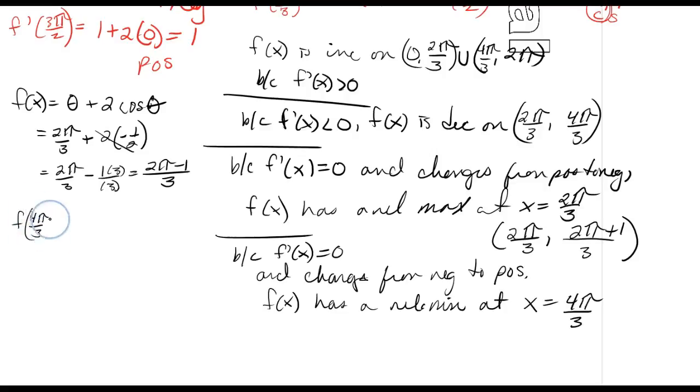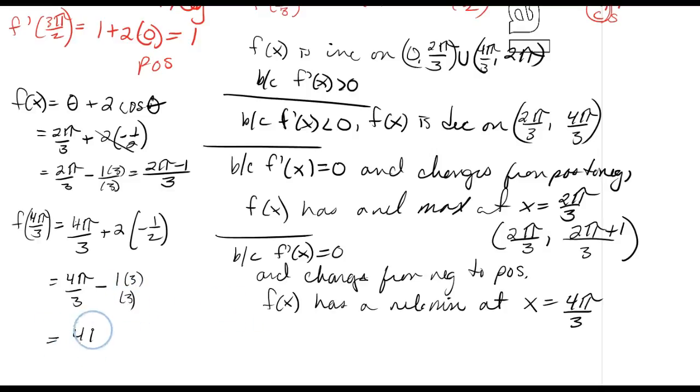4 pi over 3 plus 2 times cosine of 4 pi over 3, which is also negative 1/2, minus 1 over 3, equals 4 pi minus 3 over 3.